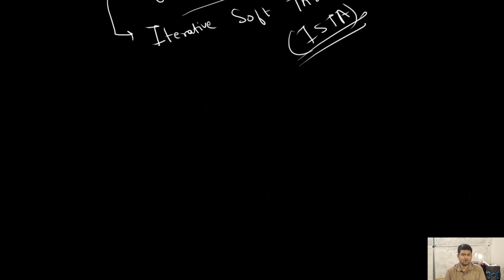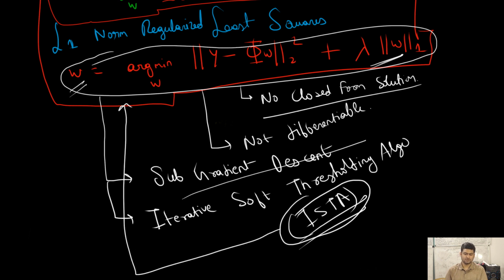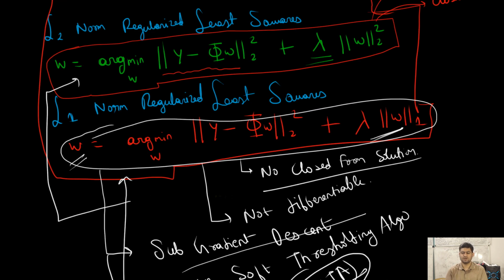And then we will study what subgradients are and how we can use subgradient descent to solve this problem. And then finally, once we have all the mathematical tools to actually understand and derive this ISTA algorithm, we will show you how ISTA can be used to not just solve the L1 norm regularization problem, but to also solve the least squares problem in a much more effective manner.